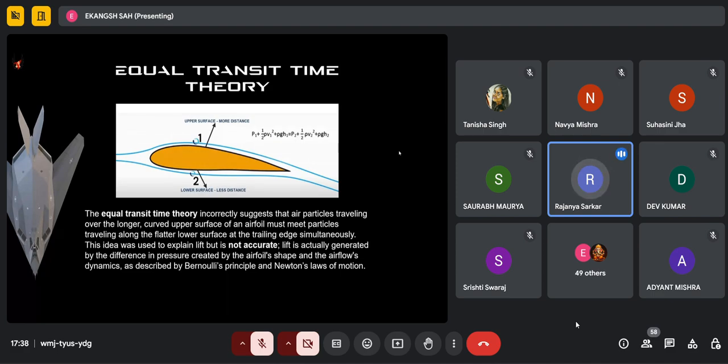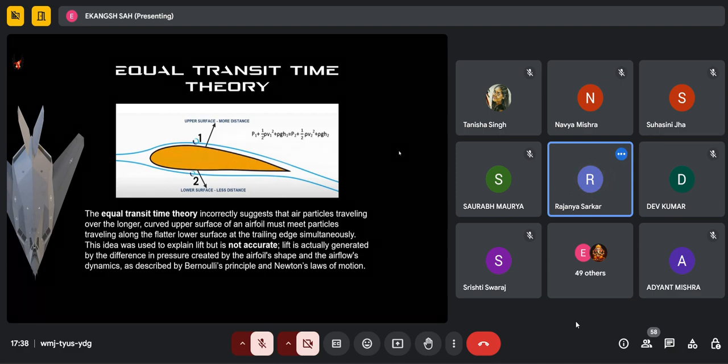So from here, we see that the lower surface has a higher pressure that leads to a net upward force that is termed as lift. This is how the equal transit time theory explains the generation of lift. But as we'll see in the further proceedings, the theory turns out to be a failure.